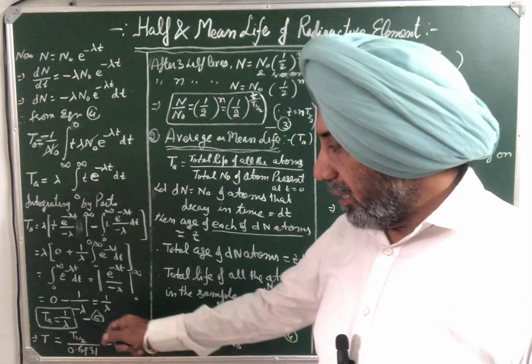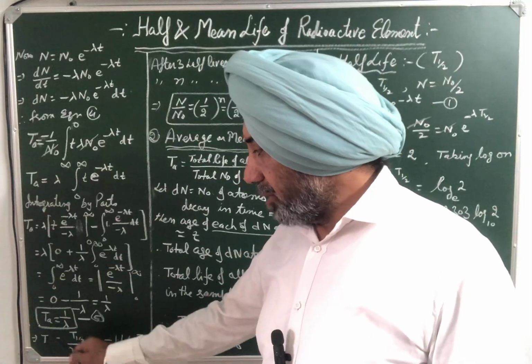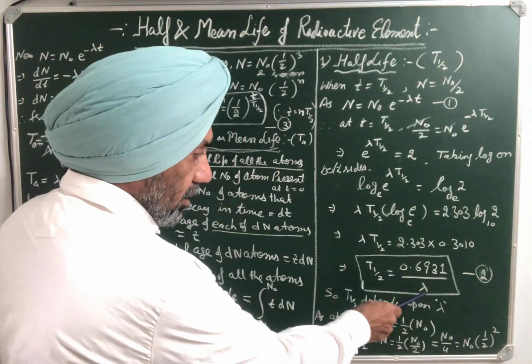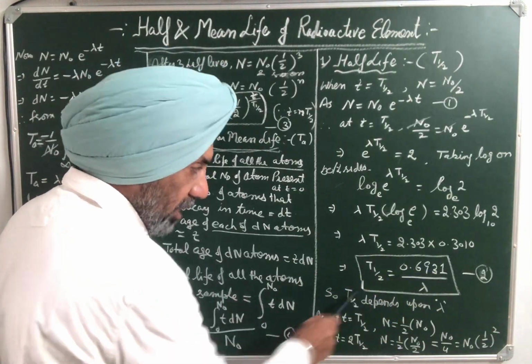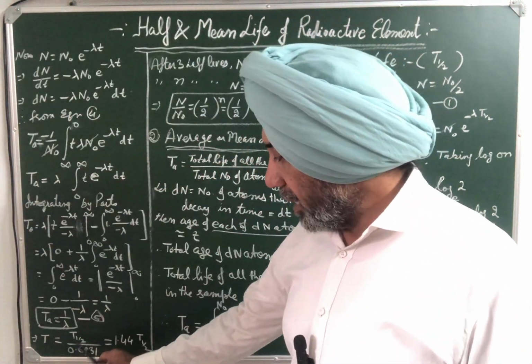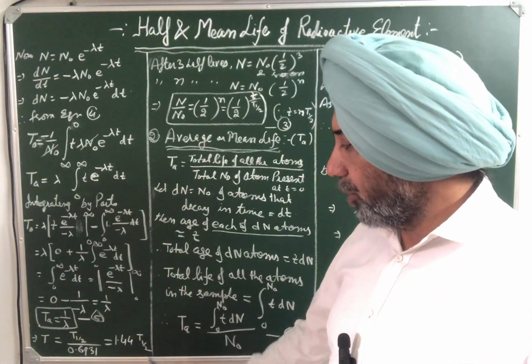Now if we have to compare average life with half-life, as t average is equal to 1 by lambda, and from this equation we can put the value of 1 by lambda as T half upon 0.6931. So T average is equal to T half upon 0.6931. So it comes out to be 1.44 times T half.